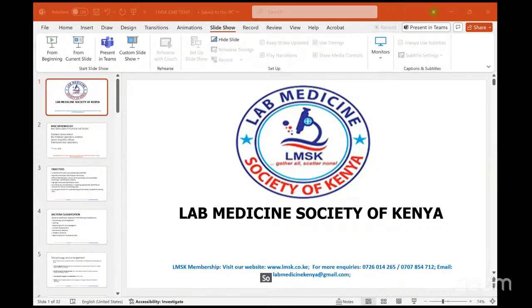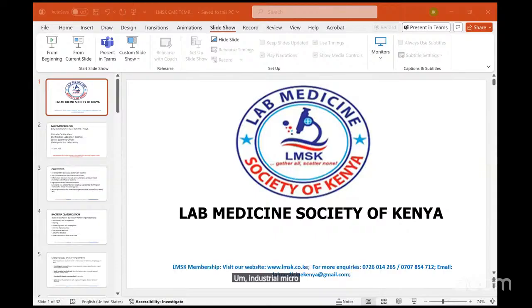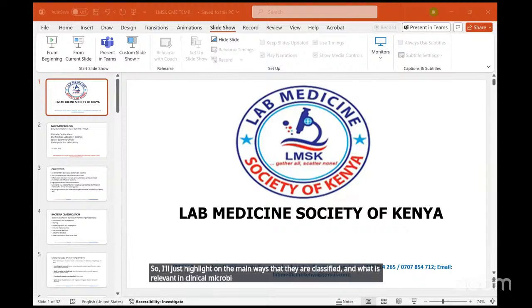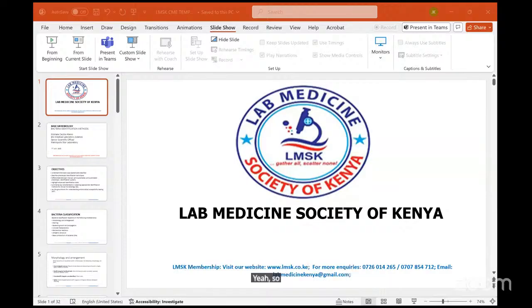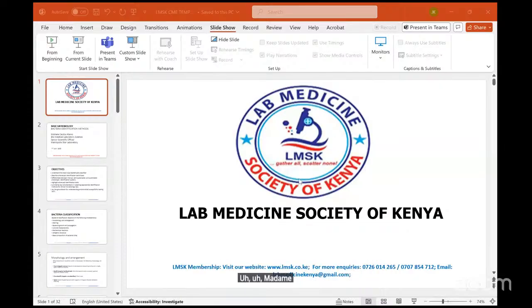Some of these classifications are more relevant to clinical settings, others are relevant in industrial microbiology and so on. I'll highlight the main ways that they are classified and what is really relevant in clinical microbiology. Some, like base composition of bacterial DNA, will be used in metagenomics.